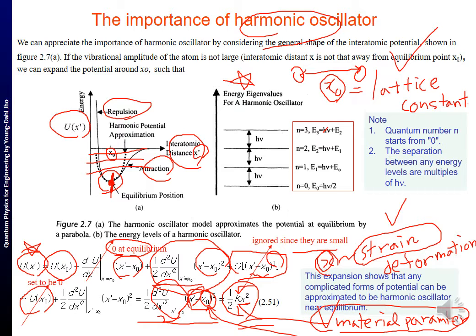So the energy levels here are actually expanded, blown up, closed up. And n is the quantum number. Here, in the case of the harmonic oscillator, we start from 0, okay?